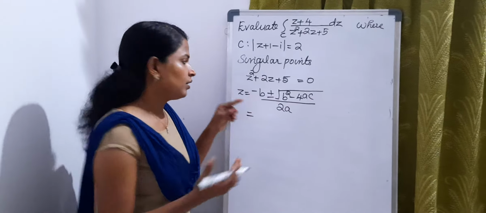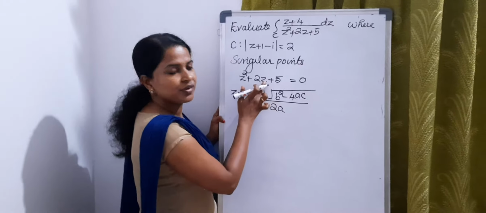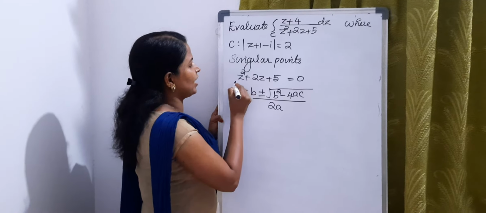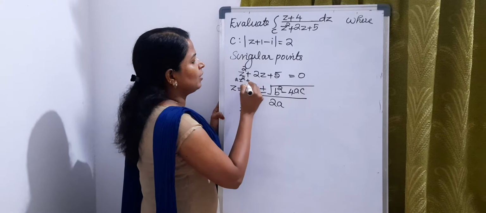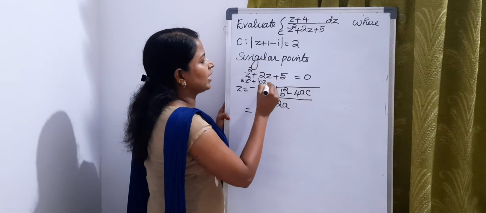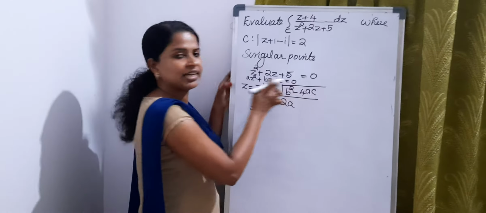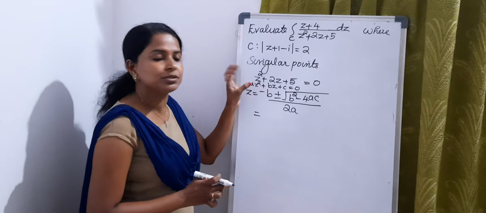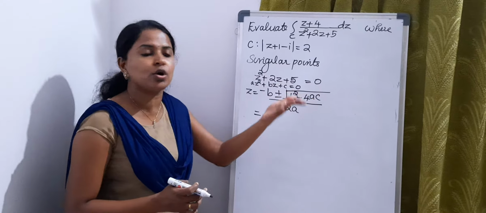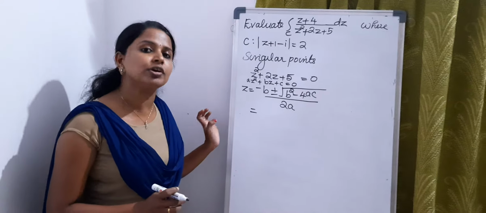What is b? b is the coefficient of z. az² + bz + c = 0 is the general form of the quadratic equation.